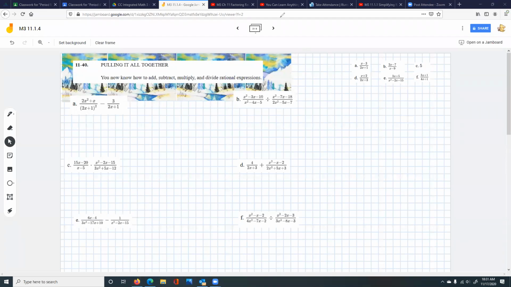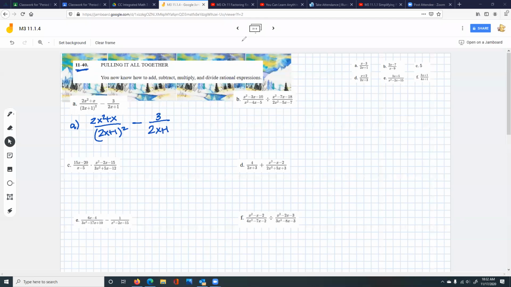Change my color. Okay, number 40A: 2x squared plus x all over 2x plus 1 quantity squared minus, there's that minus, they're trickier if they're minus, 3 times 2x plus 1.